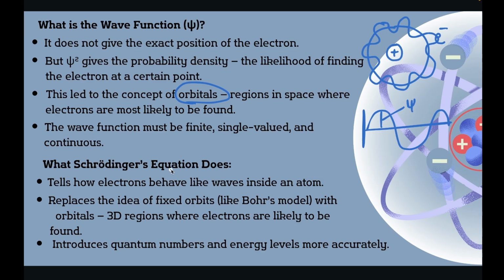So what does a Schrödinger equation do? It tells how electron behaves like wave inside an atom. It replaces the idea of fixed orbits like Bohr model with the orbitals. It introduces quantum numbers and energy levels more accurately.